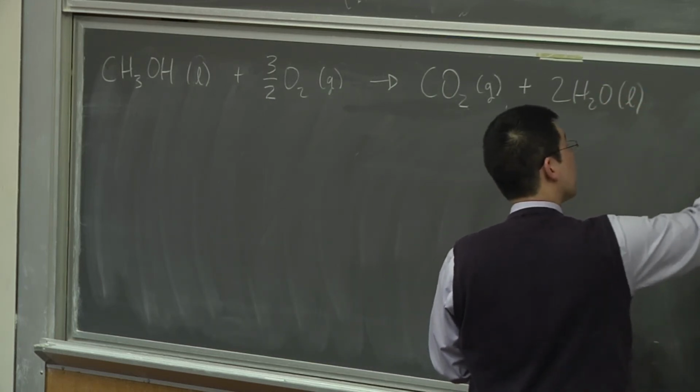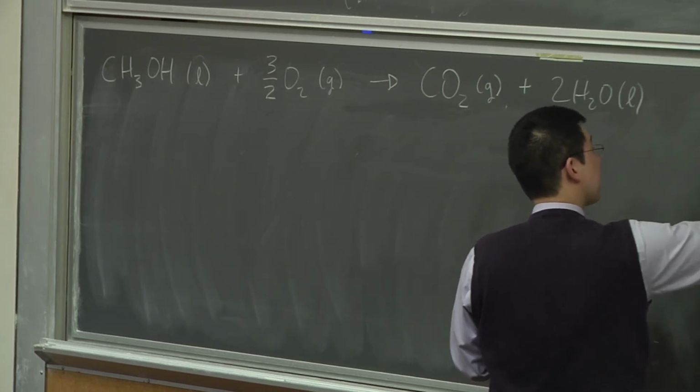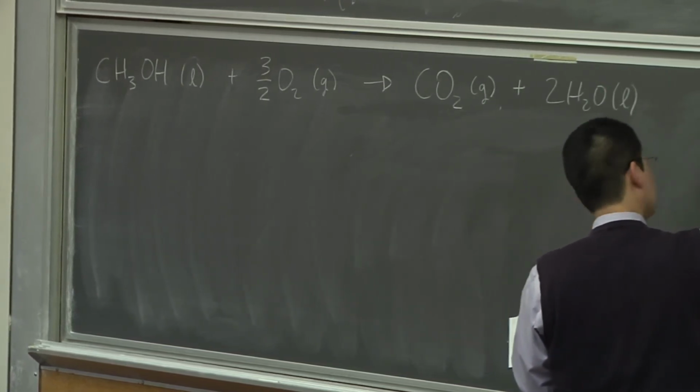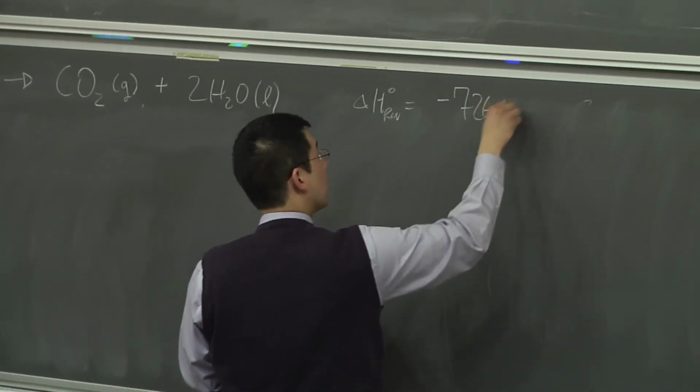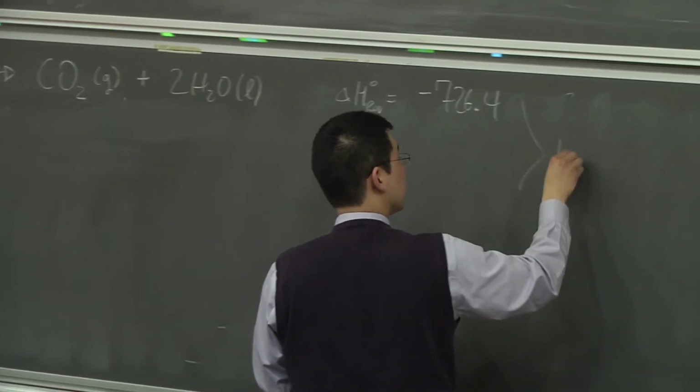And the delta H naught of reaction equals negative 726.4, and these are all going to be in kilojoules per mole.